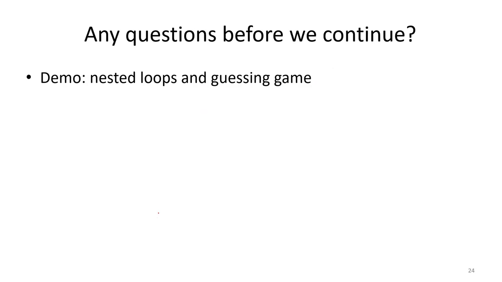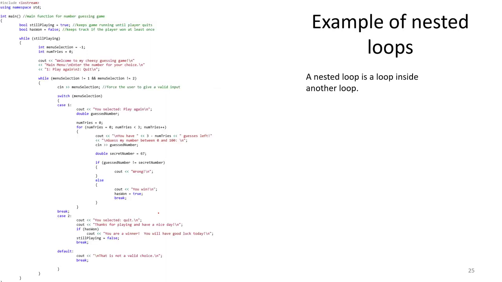Alright, so next we'd like to cover a quick example using what's called nested loops. And so when we talk about nested loops, what we mean is that we have a loop inside another loop.